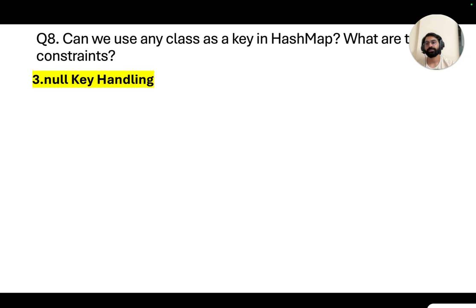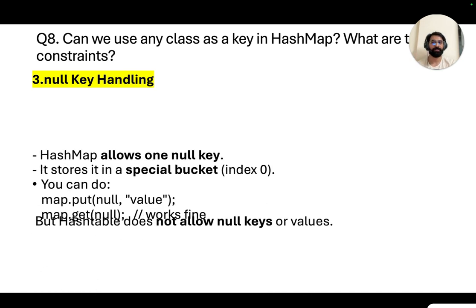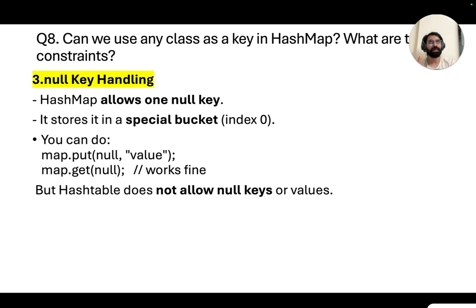Okay, the third is null key handling. HashMap allows one null as a key. It stores it in a special bucket with index 0. You can do map.put(null, value), and it works fine, right? Because Hashtable does not allow a null key or value.